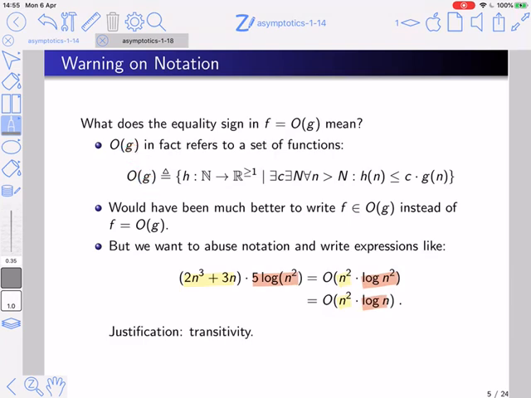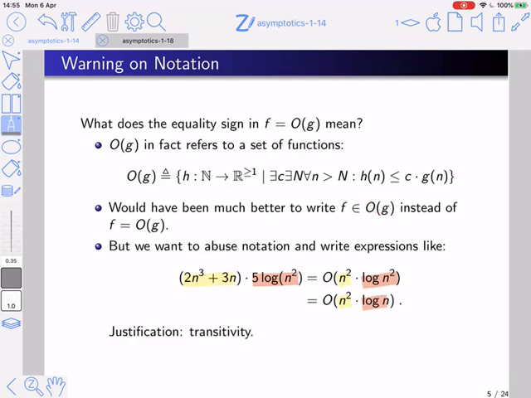So big O of g is the set of all functions h, for which there exists a constant c, which is positive, a natural number n, such that for every lowercase n greater than uppercase N, h of n is bounded by c times g of n. And when we write f equals big O of g of n, we actually mean f belongs to this class of functions, to this set of functions which we just defined above here. So it would have been better to write f is a member of big O of g.